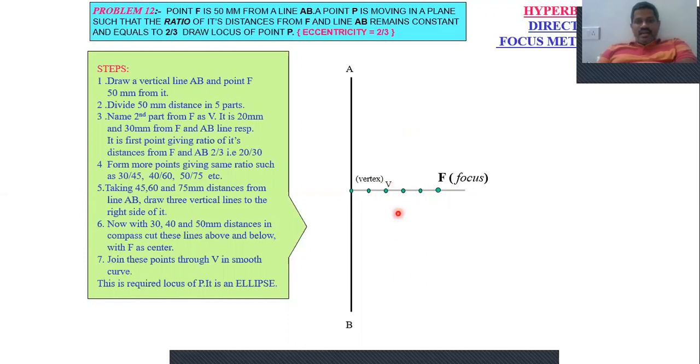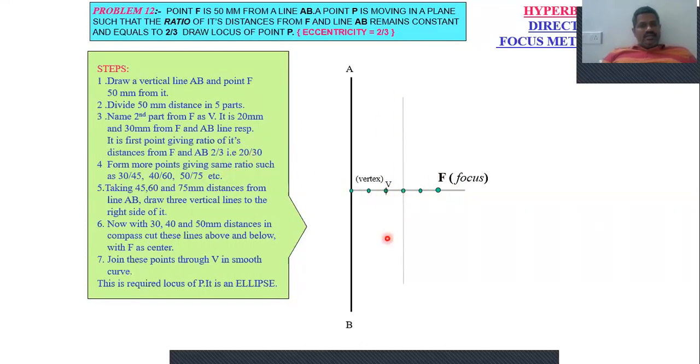Then draw vertical lines from the points on the right side to V. Now the eccentricity is 2/3, so take the ratios 20 by 30, 30 by 45, 40 by 60 and 50 by 75 and so on. I took these values. 20 by 30 is exactly at the vertex point.